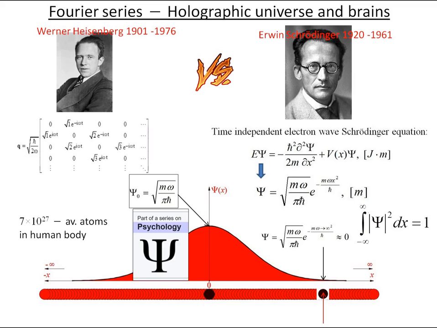Only from the Schrödinger wave probability function, by summation of all frequencies using the Fourier series, do we get solid reality in the form of our 5 senses: sight, touch, taste, hearing, and smell.